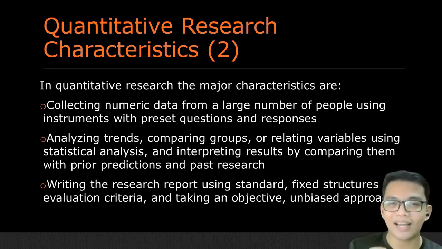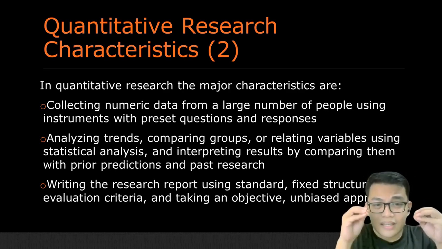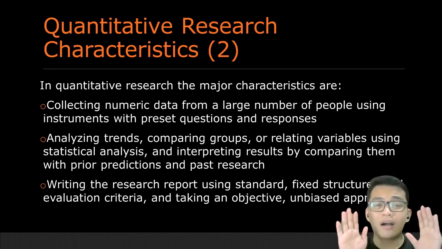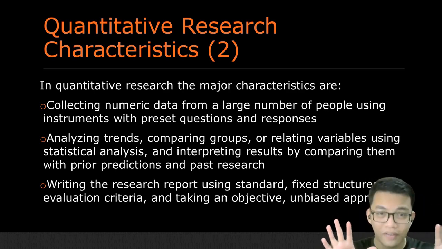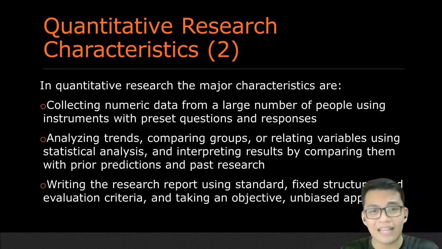This is not really the defining characteristic, but it's one of them, a distinguishing quality of quantitative research. You are hands off, figuratively, with the research. It means that you have to let the data speak for itself.